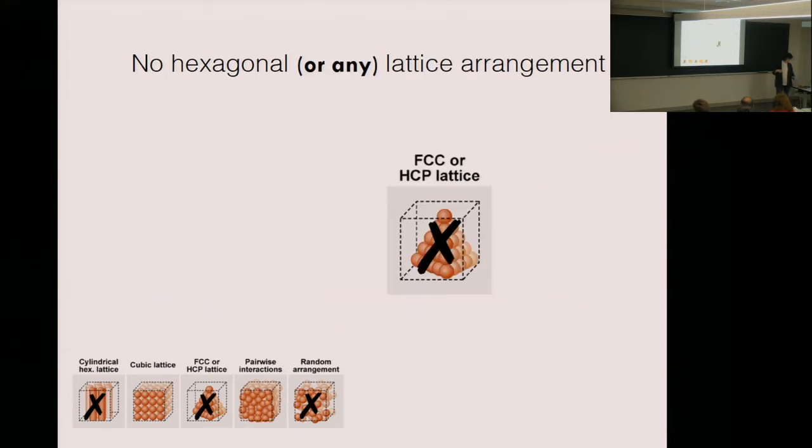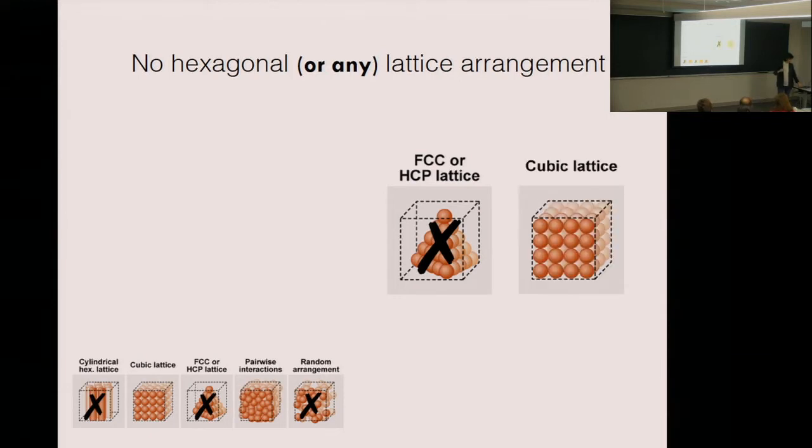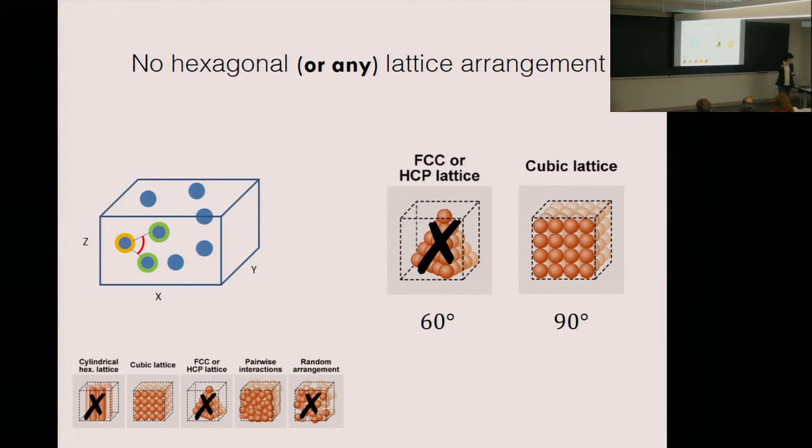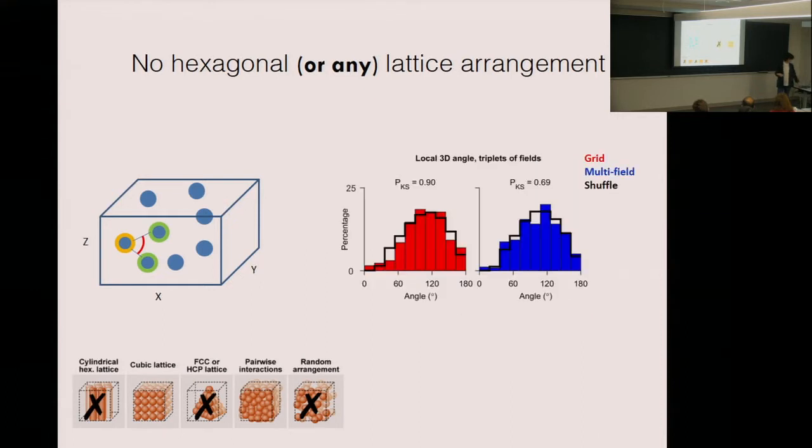But now you can say, okay, maybe it's not arranged in a hexagonal lattice, but maybe the property that's being conserved is being a lattice. So for example, a different lattice, a cubic lattice, just as an example. When we have a lattice, if it was a hexagonal lattice, we'll have a bias of 60-degree local angles. If it was a cubic lattice, just as an example, we'll have a bias of 90 degrees. So I compute the local angles between triplets of neighboring fields, and we see no such bias in the angles.